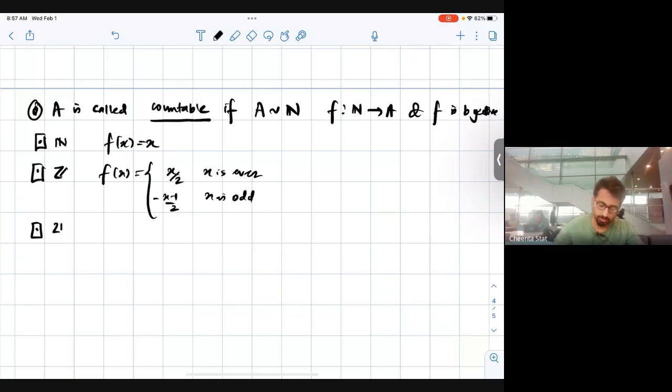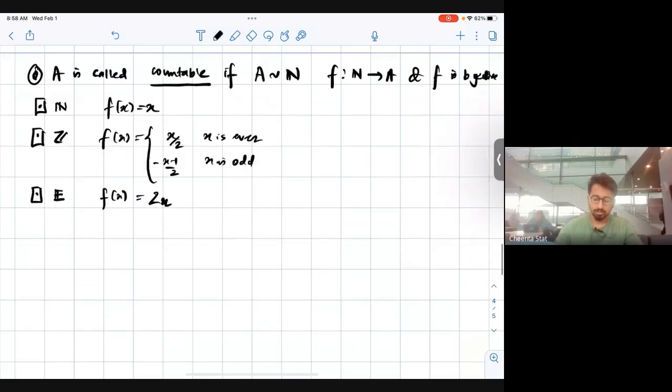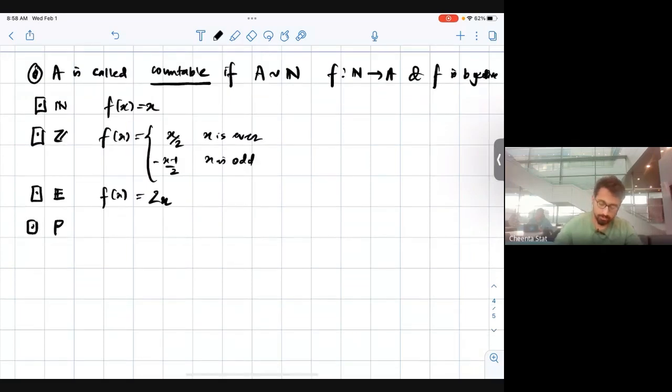Let's say even numbers, twice of natural numbers. It's nothing but if x is there, then it's 2x. It takes every x, 1 to 2, 2 to 4, 3 to 6, 4 to 8. It maps every number to its even counterpart by multiplying by 2. Okay, so you can see 2x is also an integer. For prime numbers, unfortunately, this function doesn't exist.